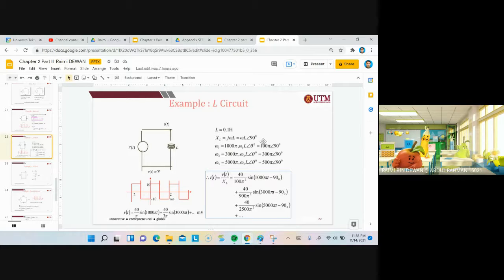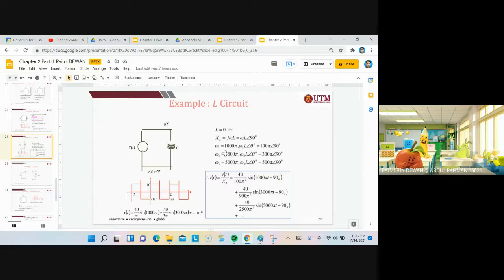Because you see we have this J, go back to Euler's theorem that I taught you, and at what angle we have this J. At what angle is J equal to 90? So cos 90 is 0 plus J sine 90, we will end up at 90 degrees.